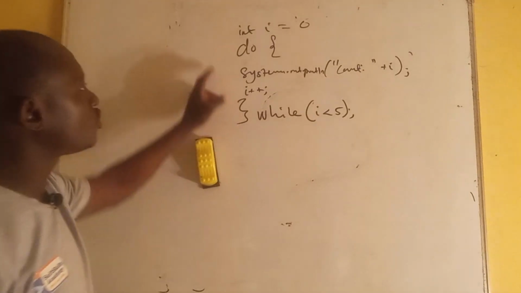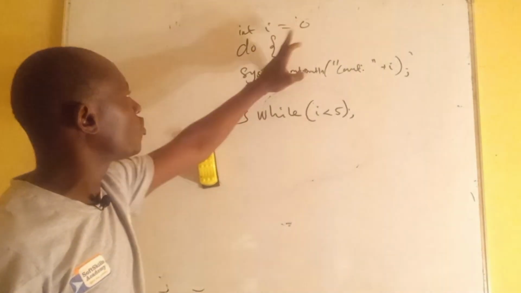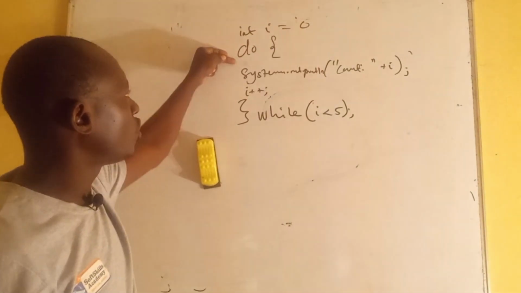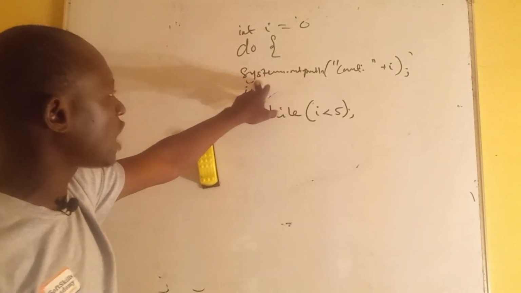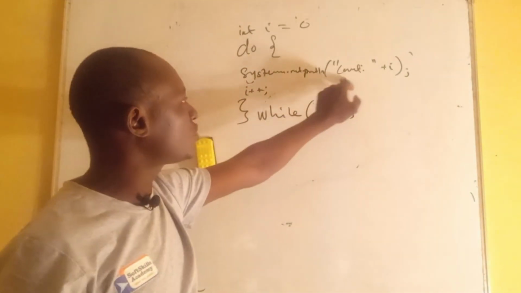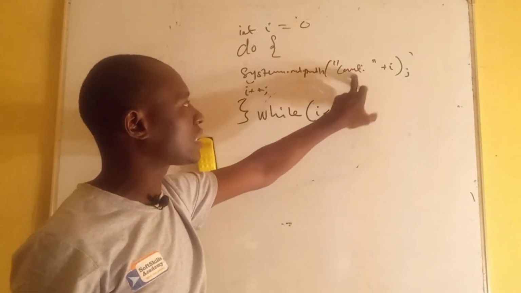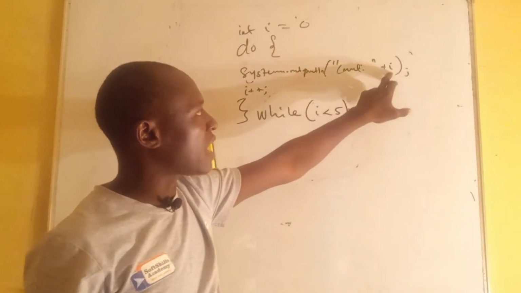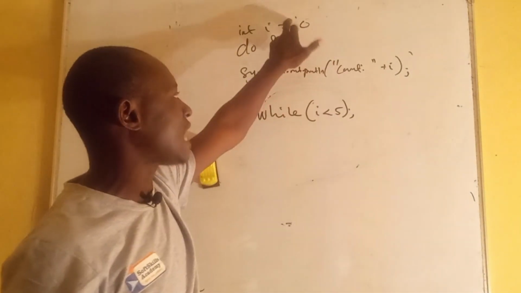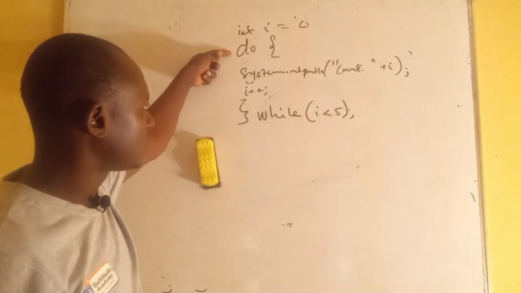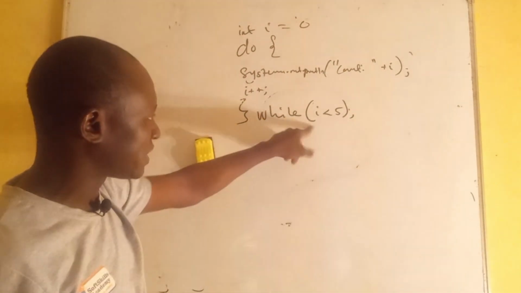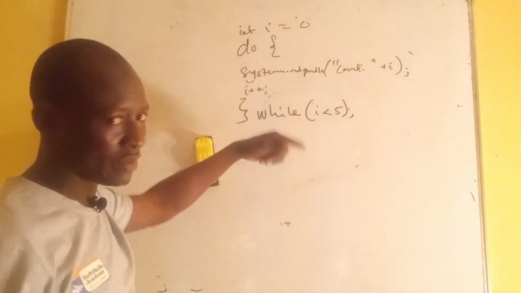So this means you have initialized your i to be 0. Your do block is here, System.out.print is here. You are displaying count and displaying the content of i. So here now it will increment. Once this condition is less than 5, it will continue incrementing.